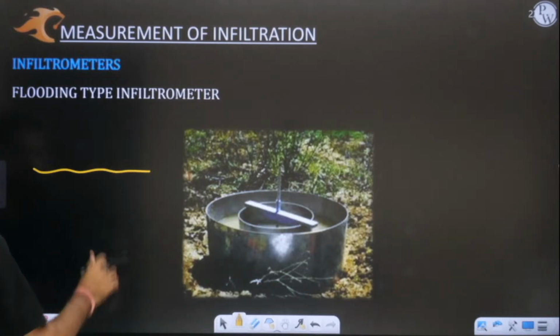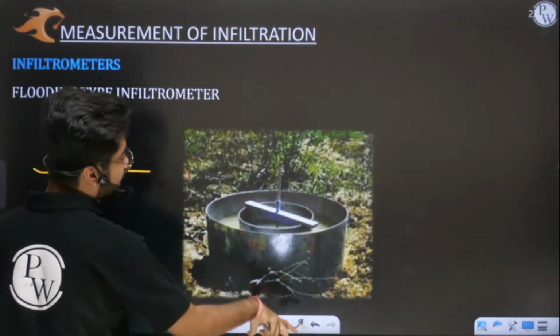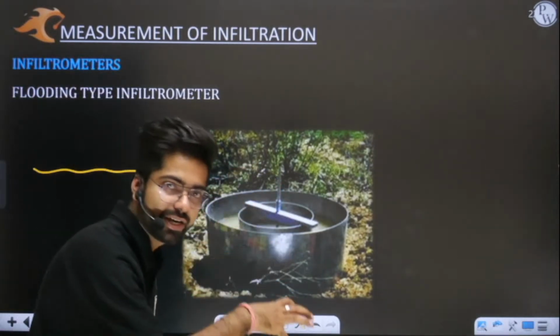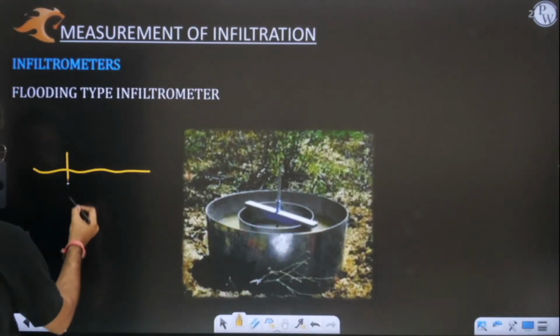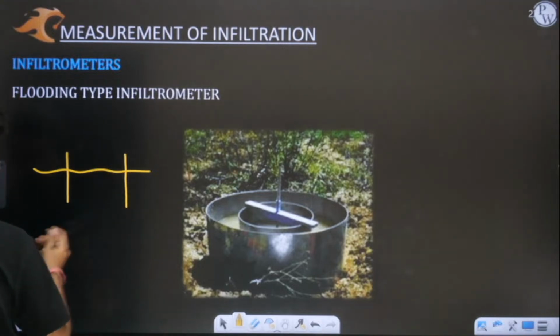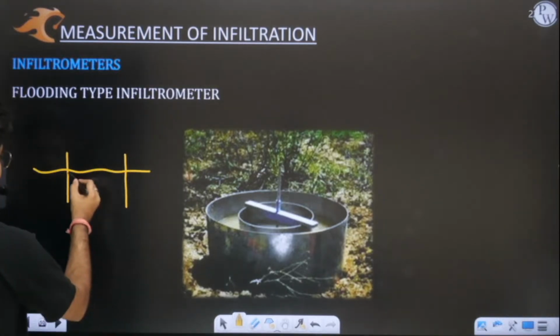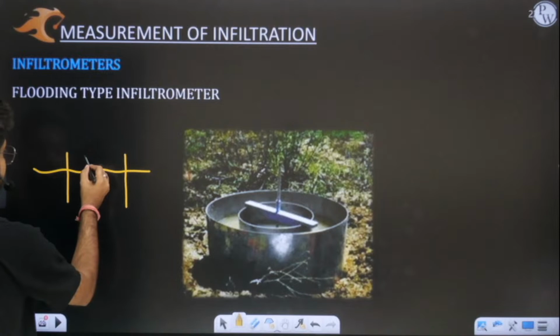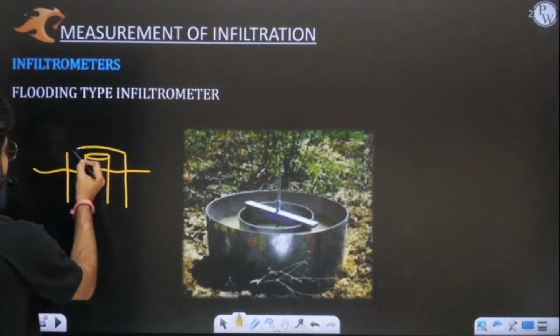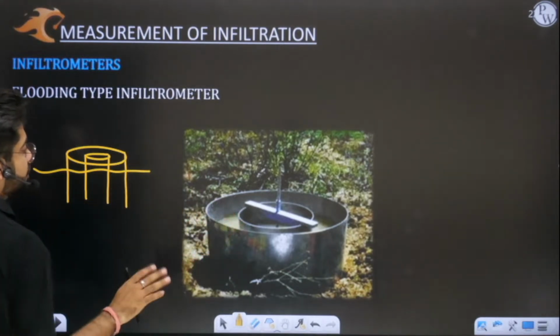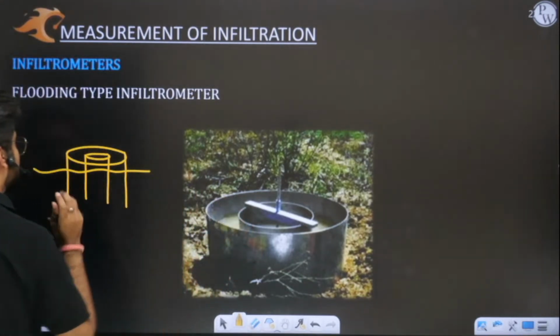Let us say we have a ground, and we install the cylinder in the ground itself, like this. Since this is a double cylinder, I have to make it like this. The actual image is this one and this one is your diagram.